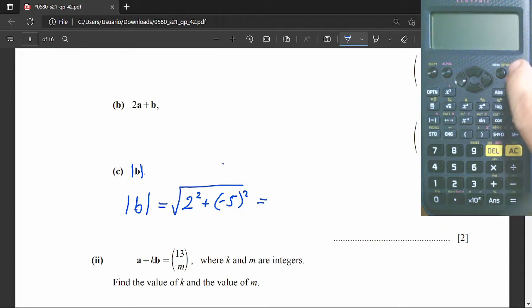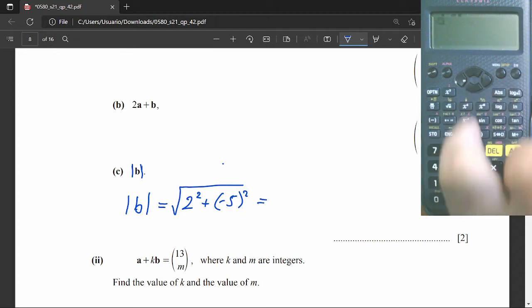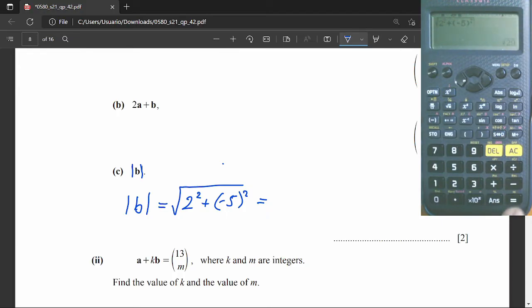On your calculator it looks like this: 2 squared plus bracket negative 5 squared, which gives us the square root of 29, which is 5.385, etc. Rounded to 3 significant figures.